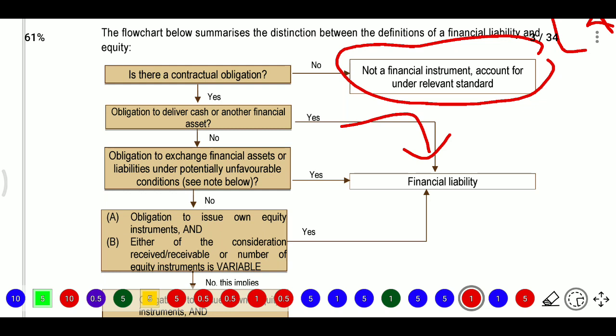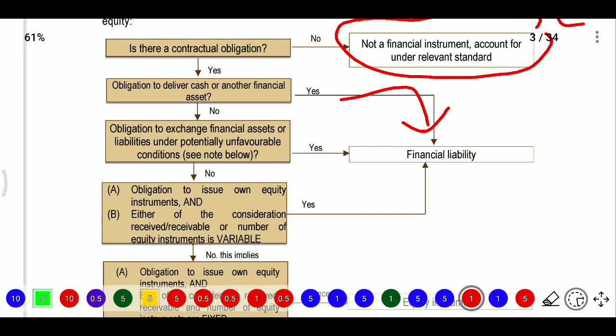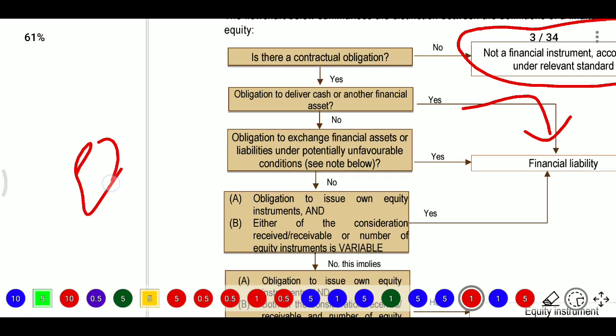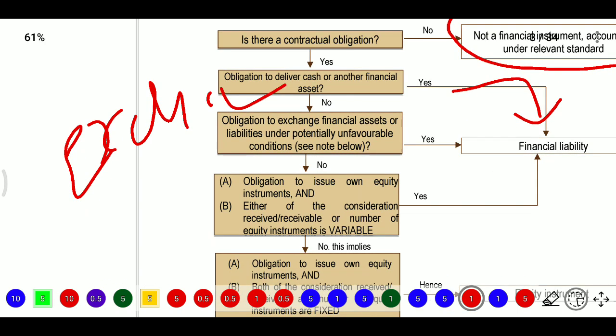If we do not have any obligation to pay cash or another financial asset, then no. Then there is an obligation to exchange financial assets or liabilities under potentially unfavorable conditions. If because of an unfavorable condition you are exchanging the assets, then it will become a financial liability.